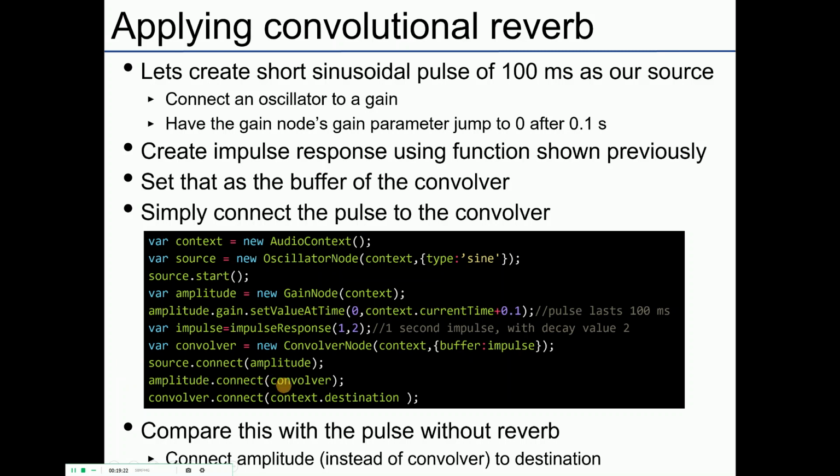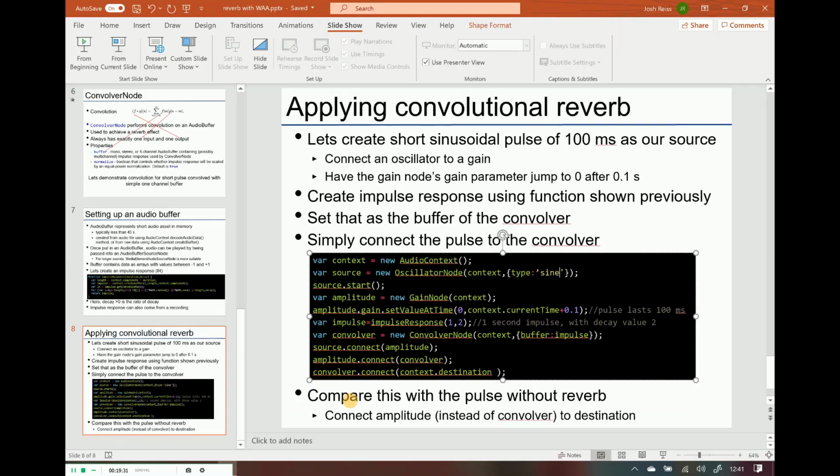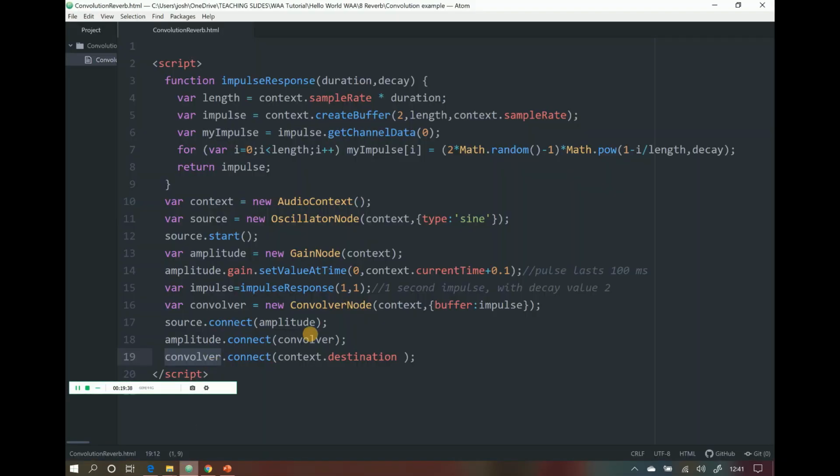So, we created our source here. Remember, to start the source, we need to start sources like oscillator nodes or constant sources. And we create our gain node, call it amplitude, have that cut off after about 1 second.